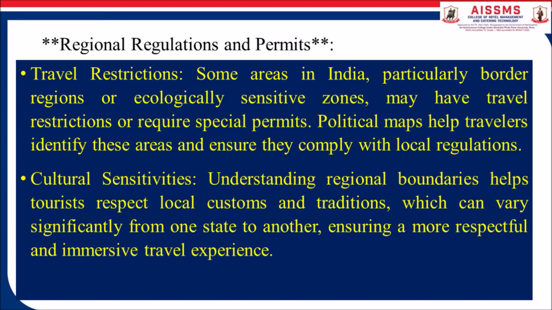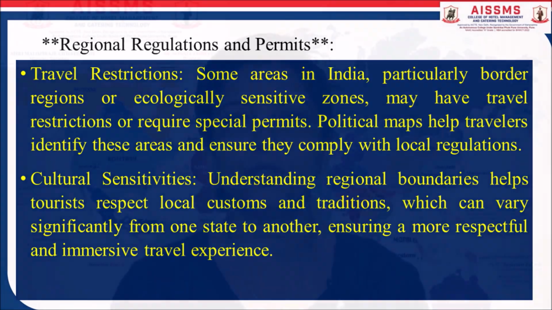Political maps thus help travelers to identify these areas and comply with the legal or local regulations. Not only that, cultural sensitivities, that is, understanding the regional boundaries and respecting the local customs or traditions, become an essential aspect of any political map.